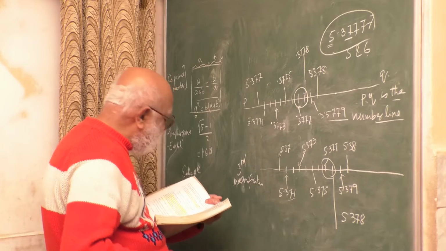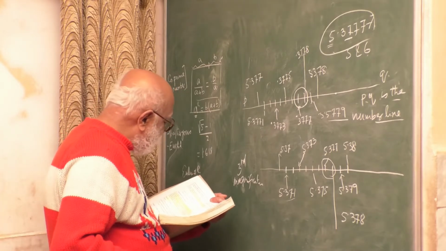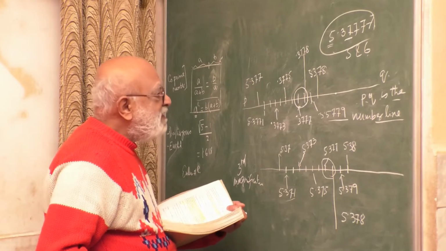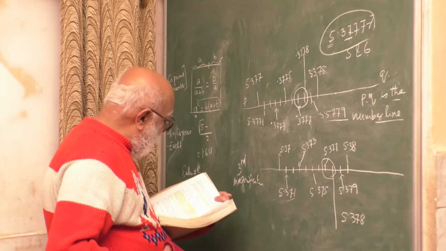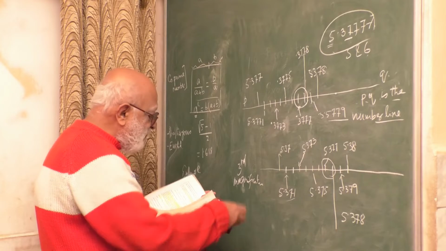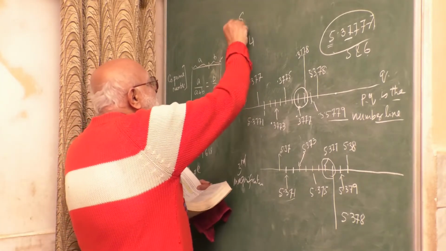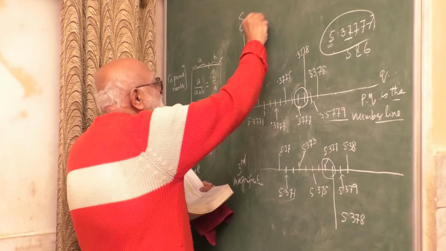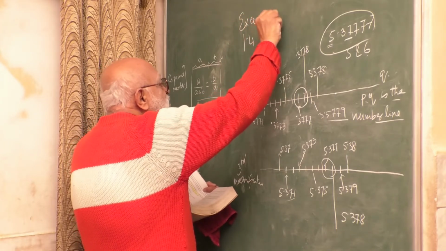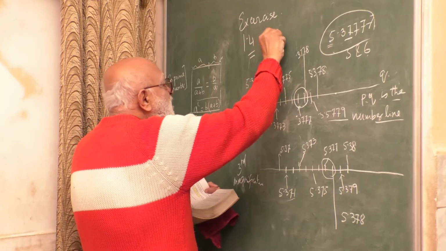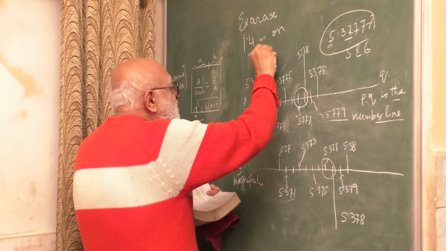So exercise 1.4, this is the same thing, 3.675 on using successive magnification. Exercise 1.4 is on successive magnification.